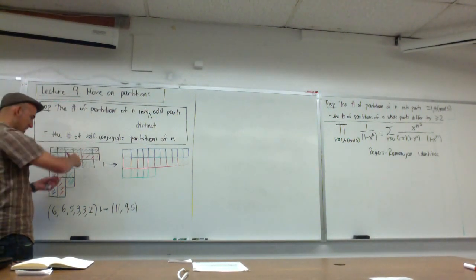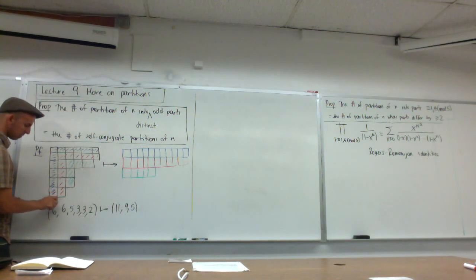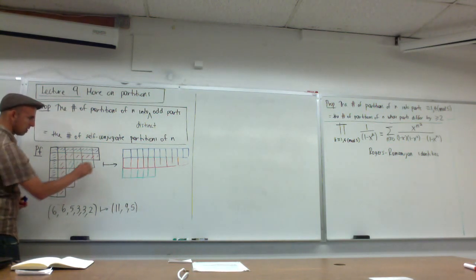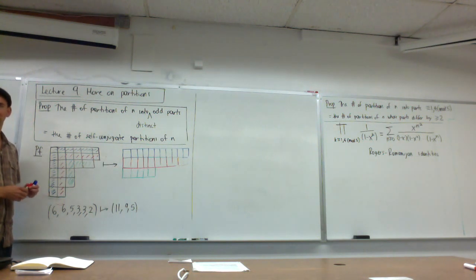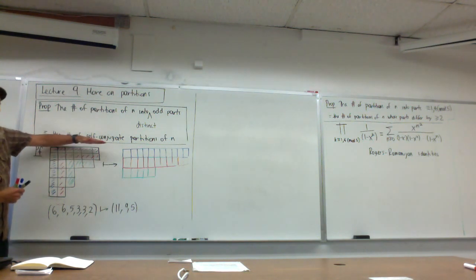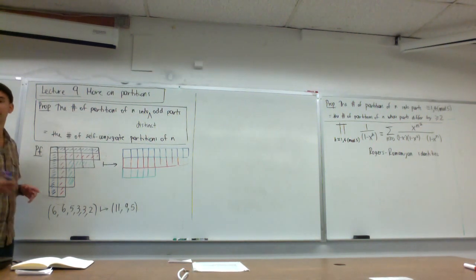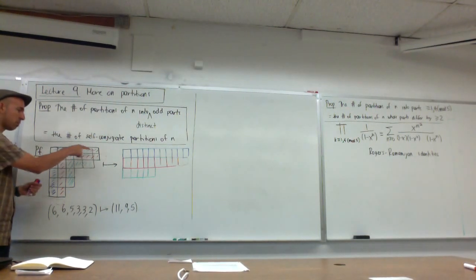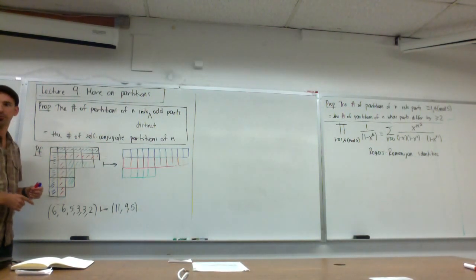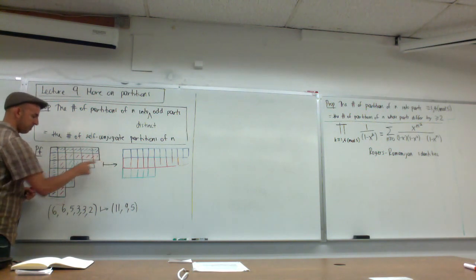Then take the next 11, bend it in half and put it here, but you see it's going to stick out. And it can't stick out because this is supposed to be a partition, meaning that the parts should get smaller as you go down. That's the key point that I didn't say. In a partition, the parts need to be decreasing, so you can't have one part and the next one be longer than it. So that's why.